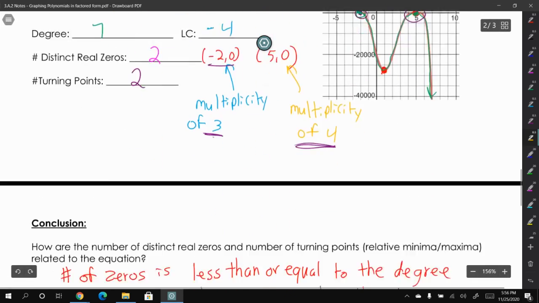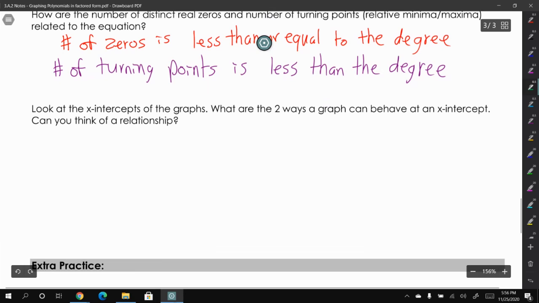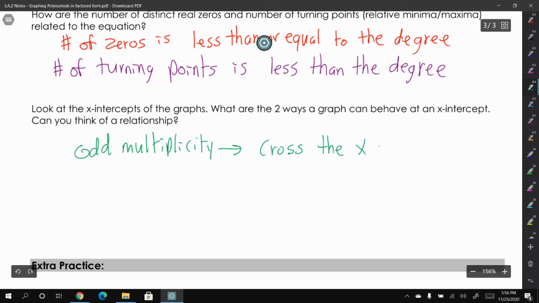So if we have an odd multiplicity, we cross the x-axis.